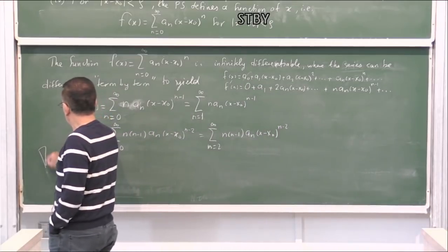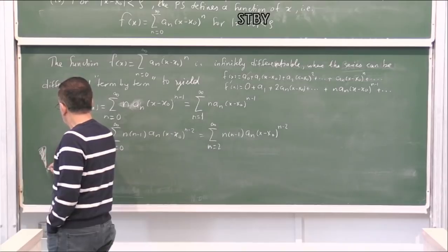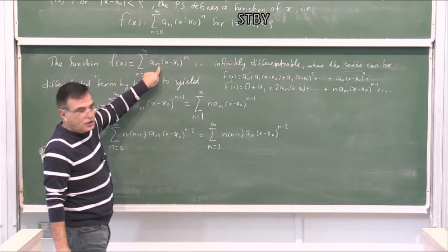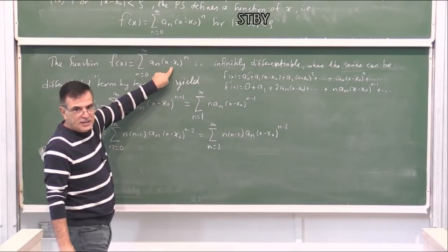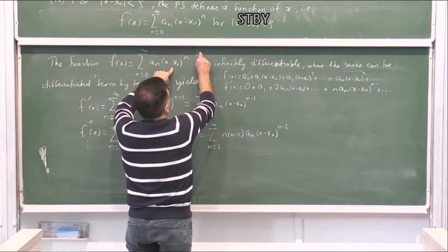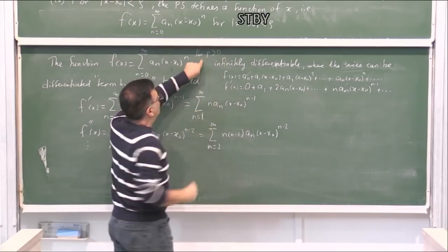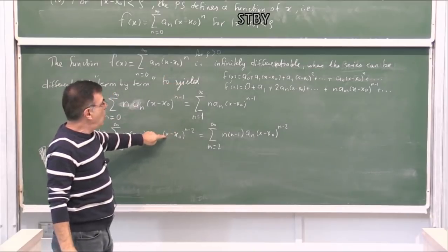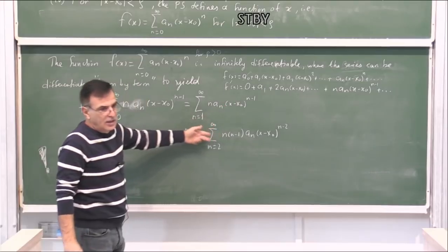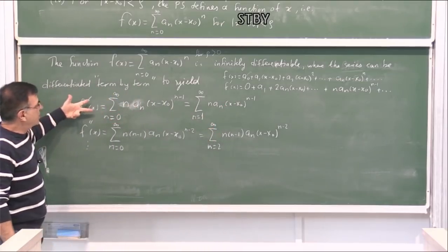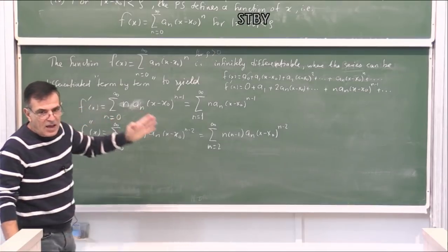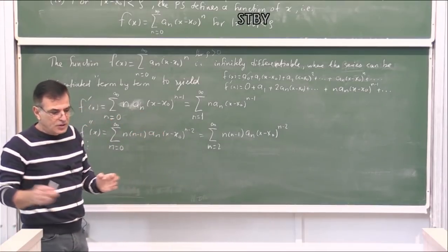Now, what is also known? Look, as you see, the radius of convergence of the original series is a non-zero number. We know that the series describing the first derivative of f or the second derivative of f have the same radius of convergence.